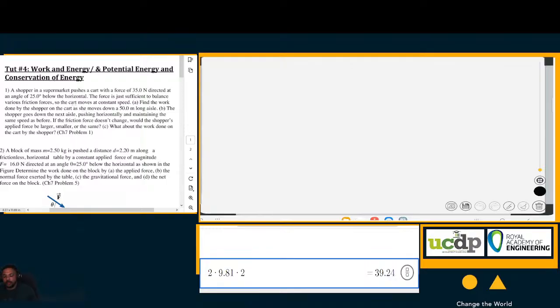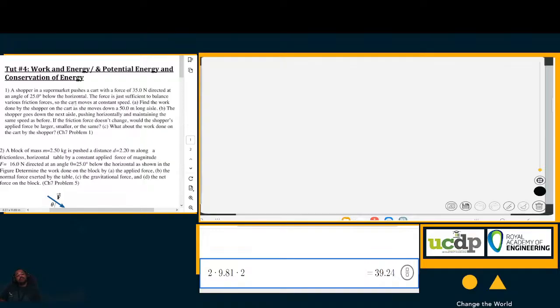A shopper in a supermarket pushes a cart with a force of 35 newtons directed at an angle of 25 degrees below the horizontal. The force is just sufficient to balance various friction forces so the cart moves at a constant speed.